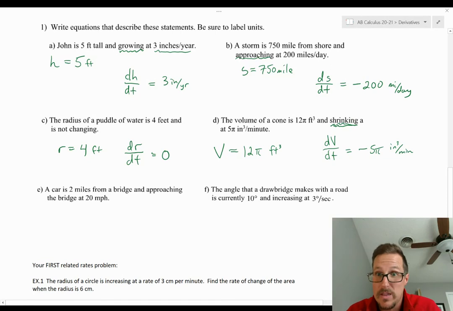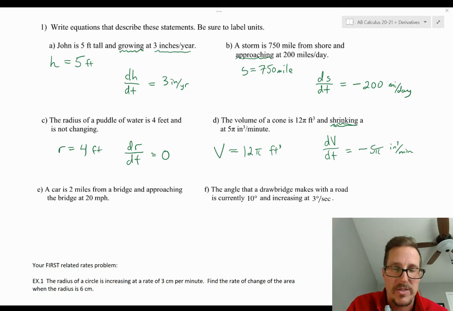You're going to see a theme here where we're given a value, but then we're told about a rate of change: growing, approaching, not changing, shrinking. We need to be able to turn those English words into mathematical expressions, equations, statements that involve calculus.